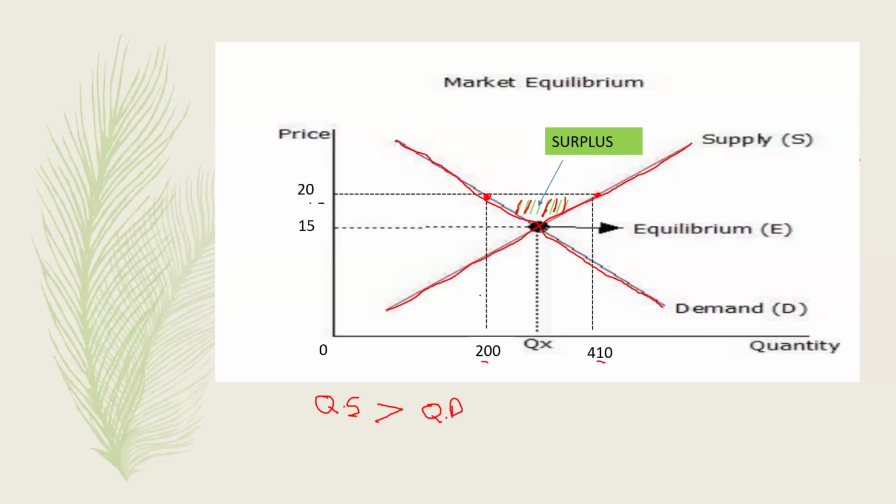Situations like this will cause a surplus in the market. You're seeing that so far, right? People will be demanding less, and suppliers are going to keep supplying more because price increased.